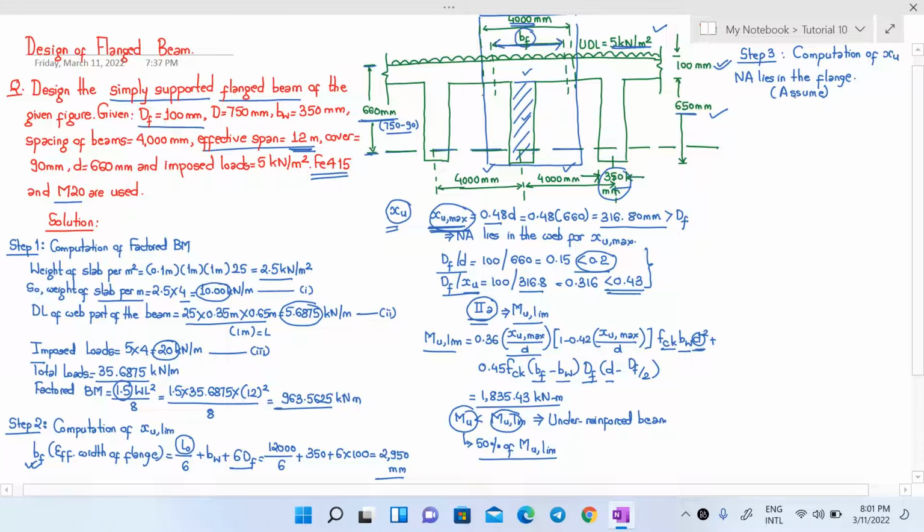So when we assume that our neutral axis lies in the flange, we can treat this T-beam as a normal rectangular beam with width bf and the effective depth d.